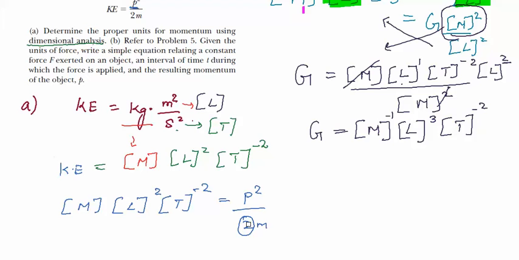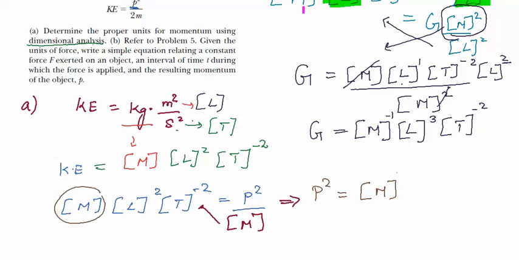We can remove 2, and mass has dimension of mass, so we can write that out, and cross multiply, and you will end up with p square equal to mass. If you bring that cross multiply to the other side, you will have mass, and you also have a mass over here, so mass times mass.